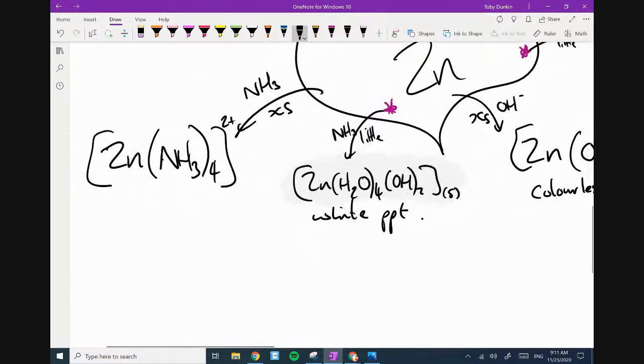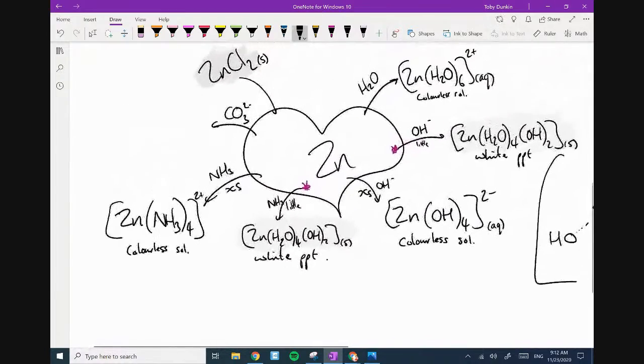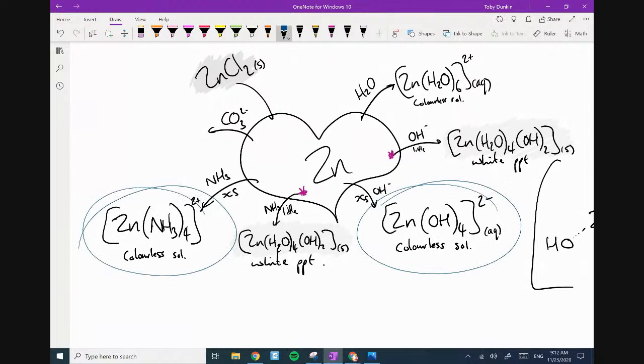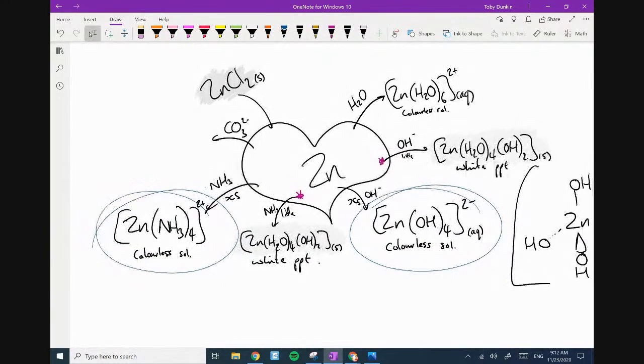And once again, it has a charge because ammonia is a neutral ligand. So this becomes a colorless solution. So there are some odd things. That's a weird thing, a very odd thing for zinc. Recognizing that it does this from a 4 perspective rather than a 6. This is why you've got to learn them.